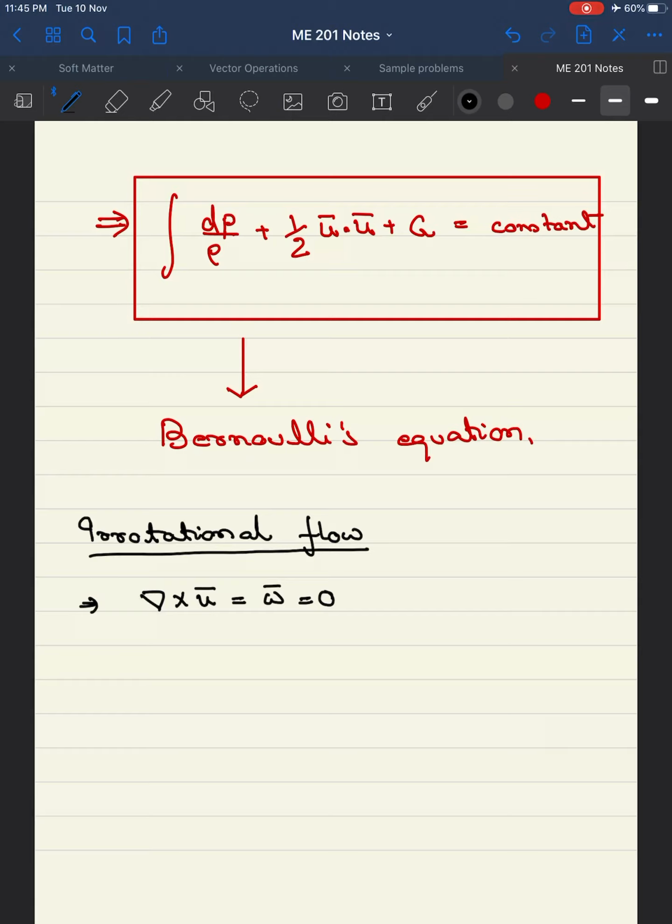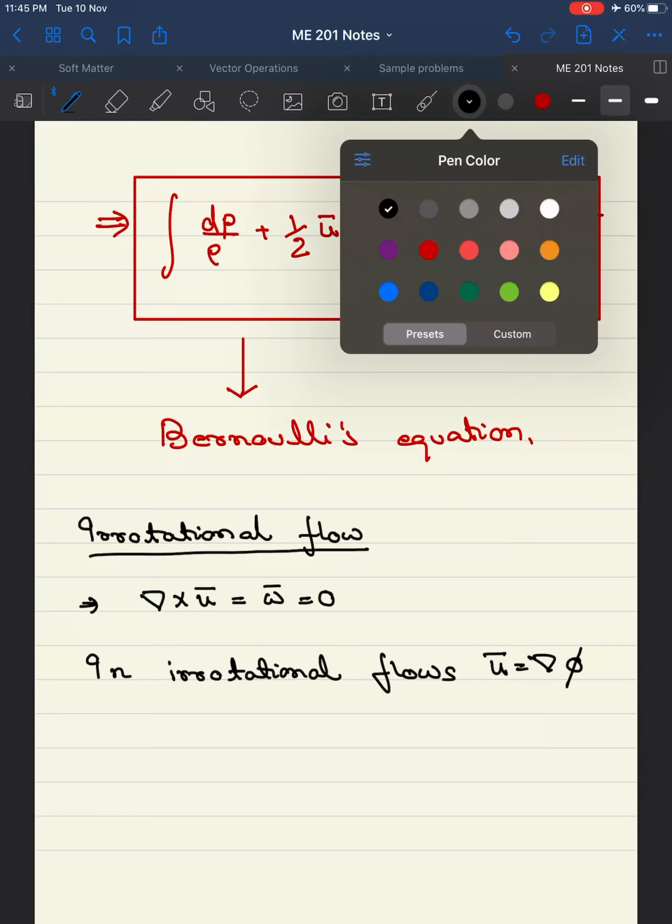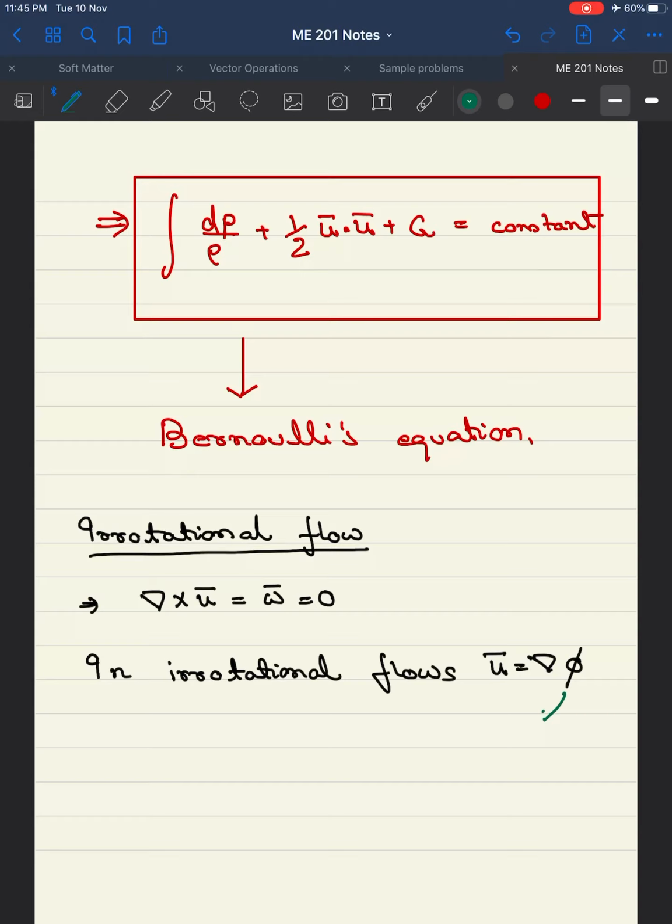And in an irrotational flow, and we'll see this in the next chapter, the velocity vector can be represented as a gradient of some scalar. Okay, so this is some scalar function.